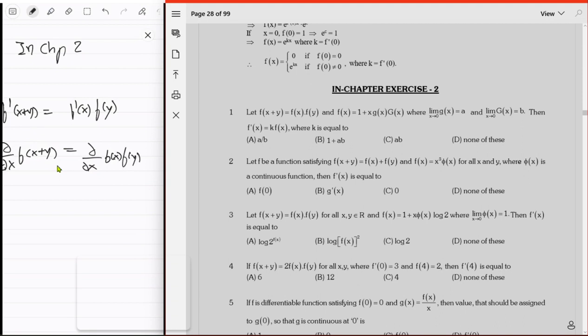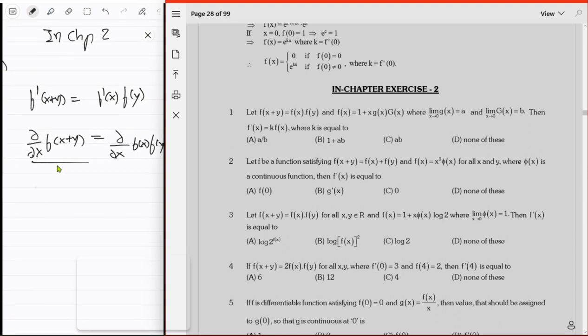Now, what does this mean? That just means I'm changing x without changing y and then figuring out the derivative. The left hand side is actually pretty easy. It's just the standard limit definition, so you don't have to worry about anything. It's just equal to f dash of x plus y.